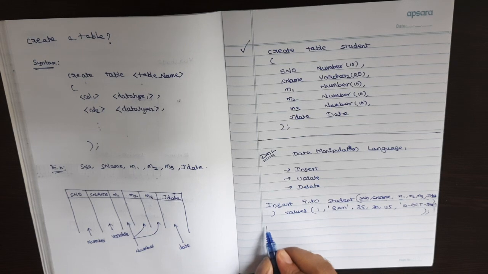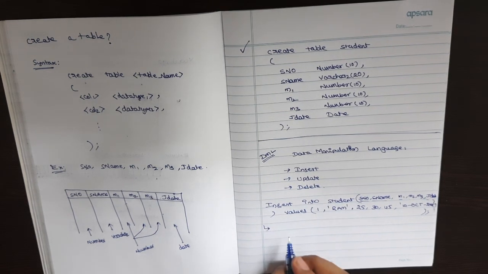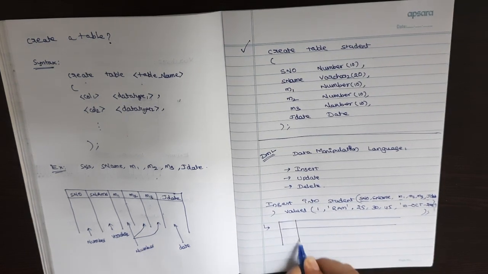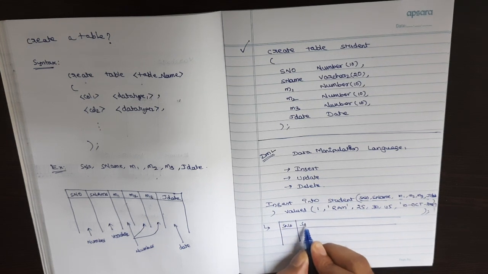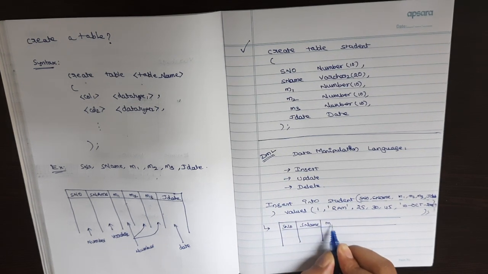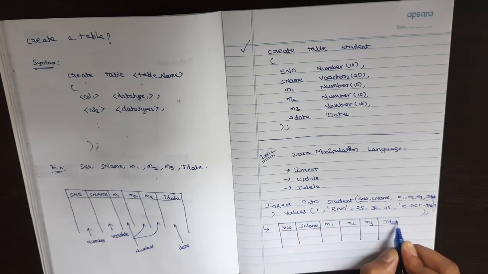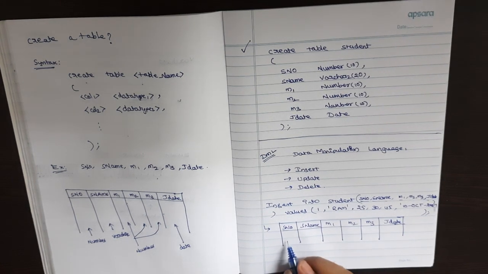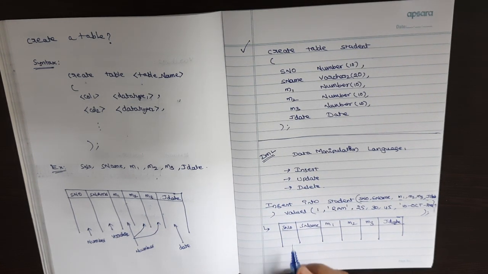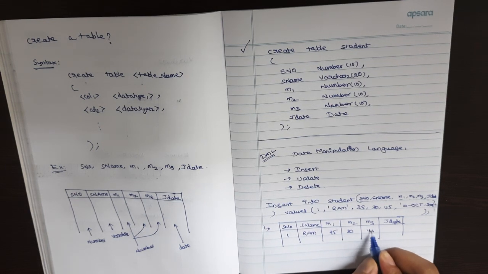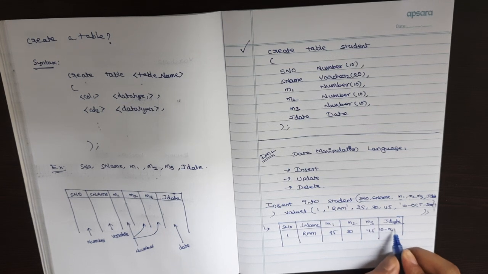Then after executing this, you will be able to see in the table: SNO, name, M1, M2, M3, J date. This is our first table, with empty data. After executing this insert command, you can see 1 RAM 25 30 45, and 10 October 2021, right?